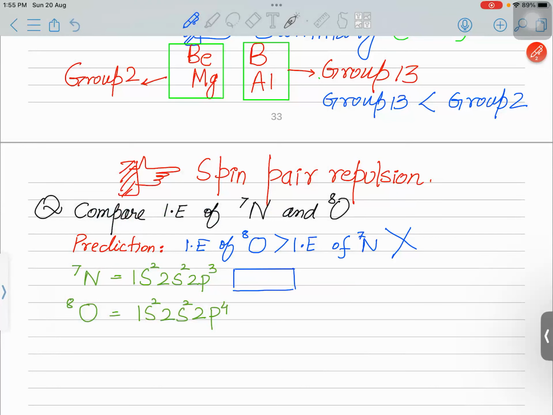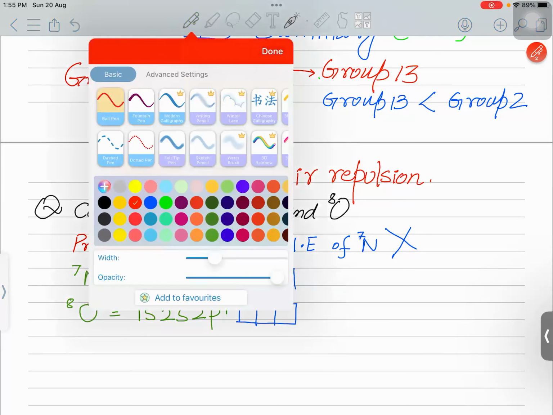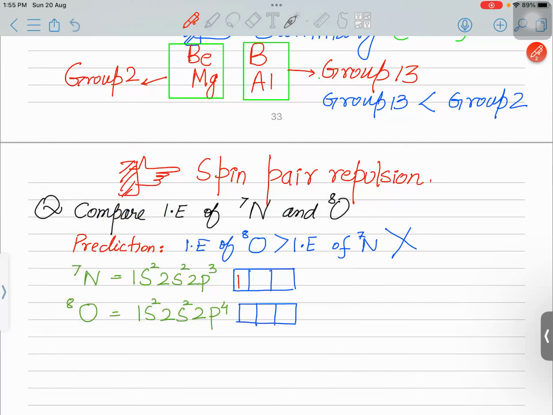We know that p has three orbitals, px, py, and pz. Now we fill these three electrons: 1, 2, 3. So 3 electrons are filled. Now for oxygen, 1, 2, 3, and 4.